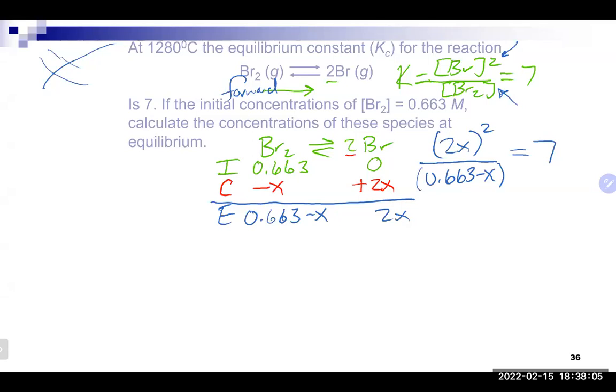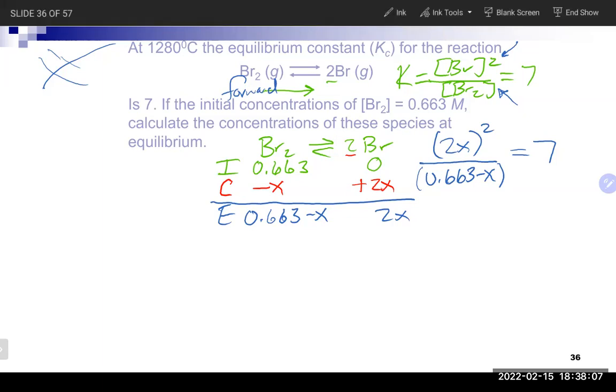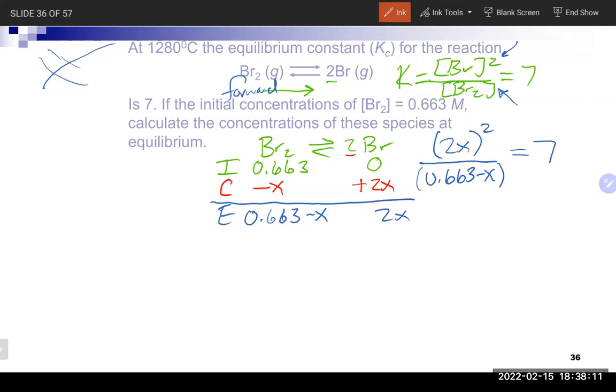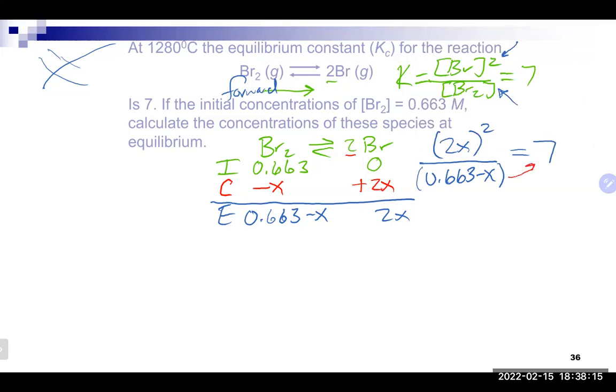All right, now we got to do some math. So math-wise, we should do what with the stuff on the bottom there? We should multiply it to the other side. So we're going to basically multiply whatever's on the bottom to the other side. By the way, I'm also going to square the top there. So that should give me 4x squared is equal to, there it is. All right.